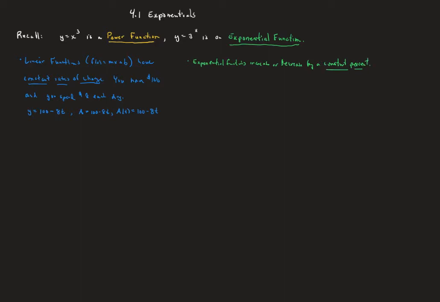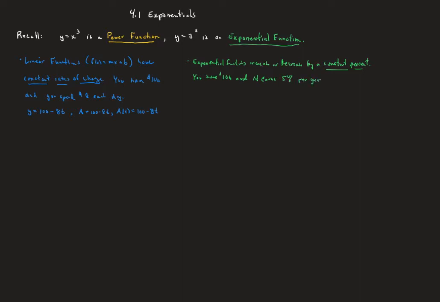So, for example, you have $100, and say you invest it somewhere, and the investment earns 5% per year.